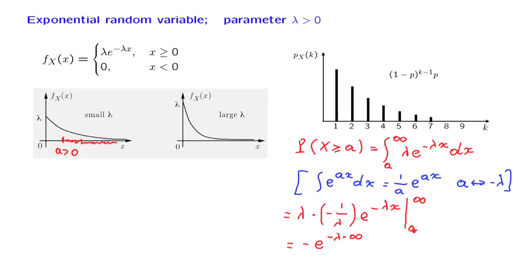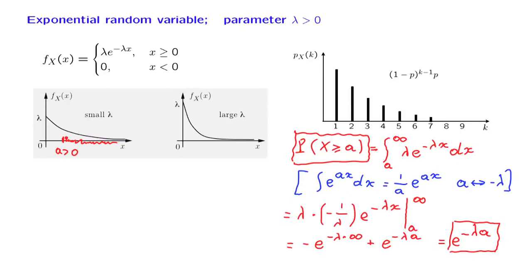And then from the second term we have a minus sign that cancels with that minus sign and gives us a plus term, plus e to the minus lambda a. Now e to the minus infinity is 0, and so we're left just with the last term, and the answer is e to the minus lambda a. So this gives us the tail probability for an exponential random variable.